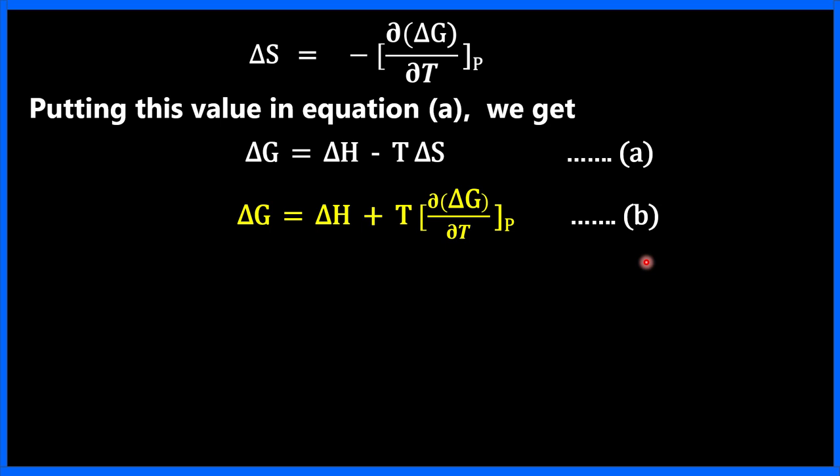So we get two types of Gibbs Helmholtz equation. This is one form, and this is another form.